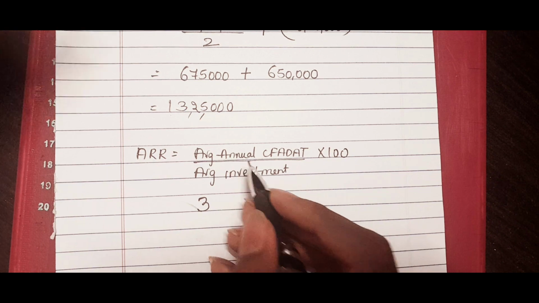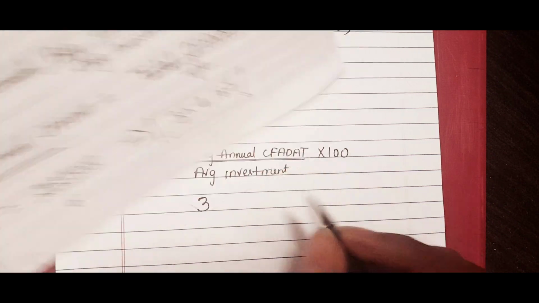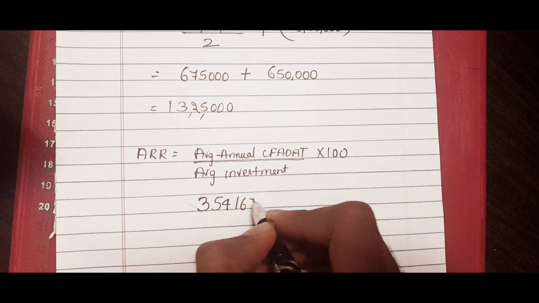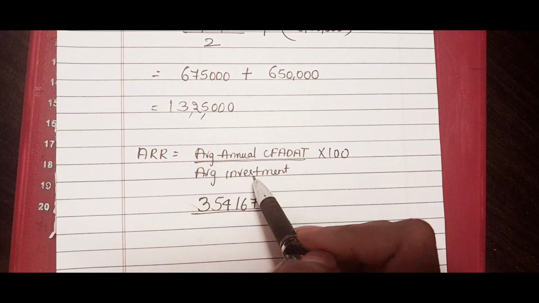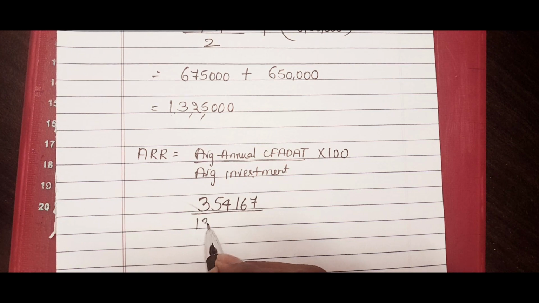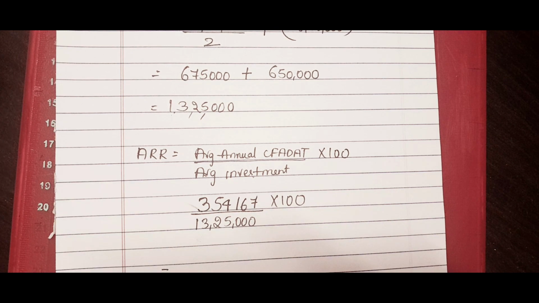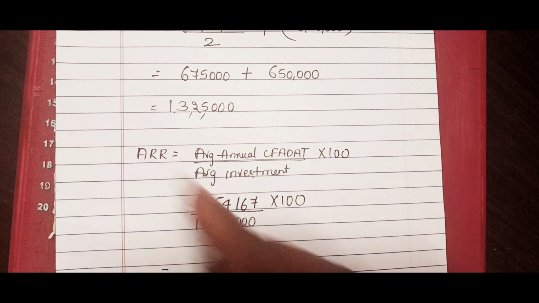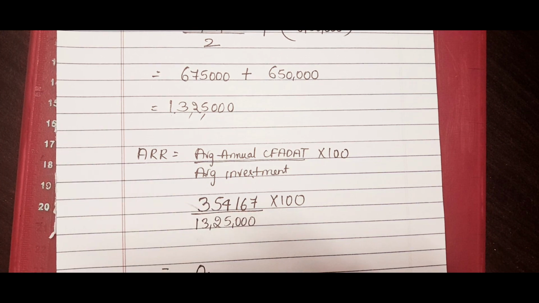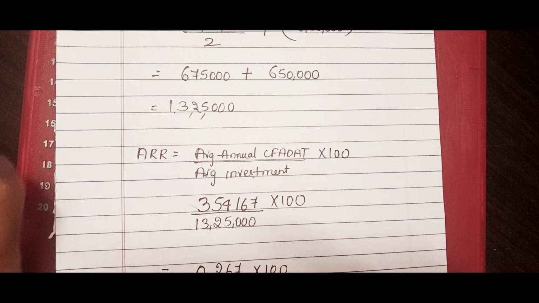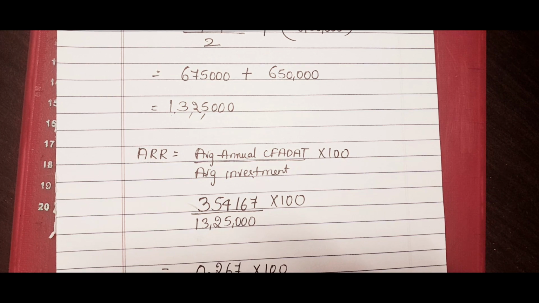So average annual CFADAT 3,54,167 divided by average investment 13,25,000 into 100. So 3,54,167 divided by 13,25,000 will be 0.267 into 100 will be 26.73%.